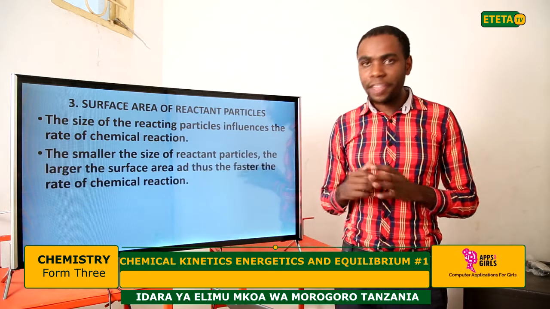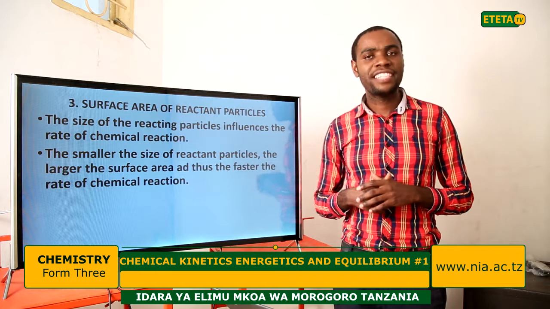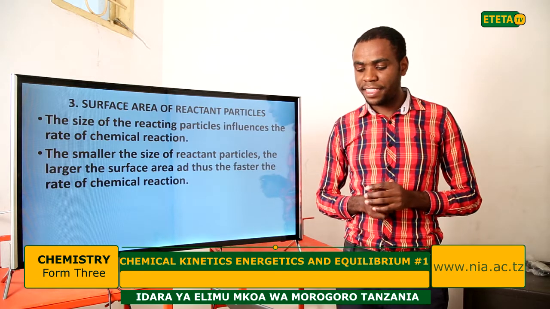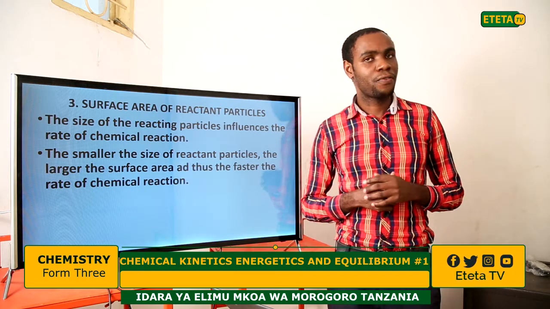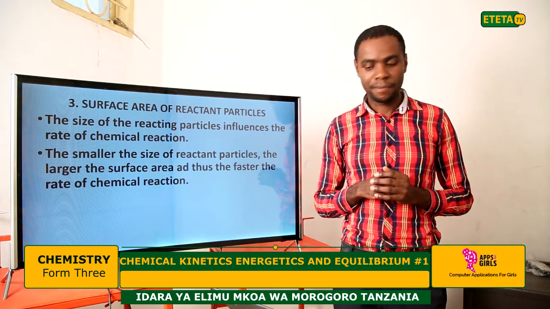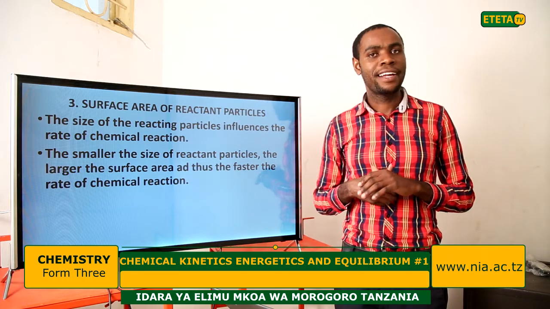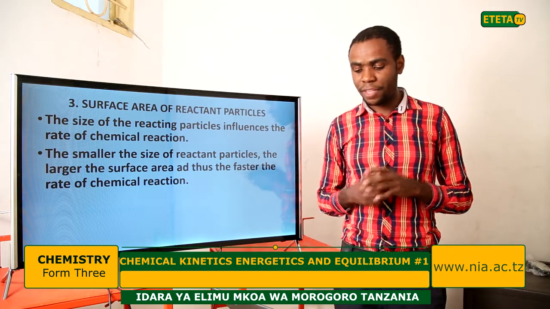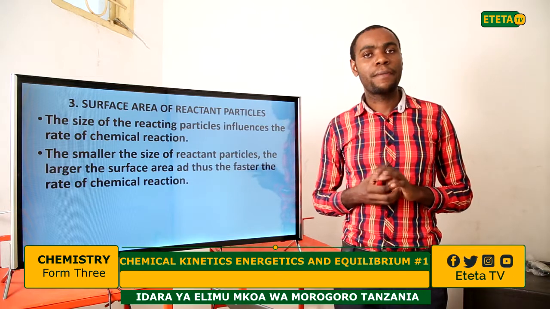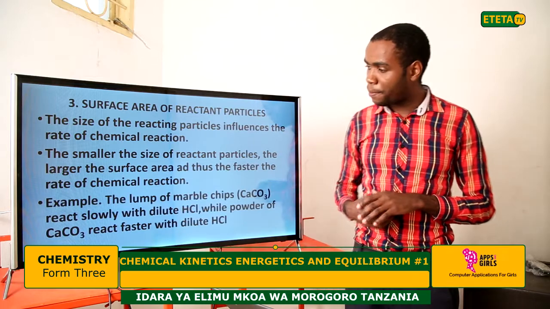Now, the smaller the size of the reacting particles, the larger the surface area, and thus the faster the rate of chemical reaction. Once the size is small, the surface area for reaction will be large, and for that reason, the rate of chemical reaction will increase.